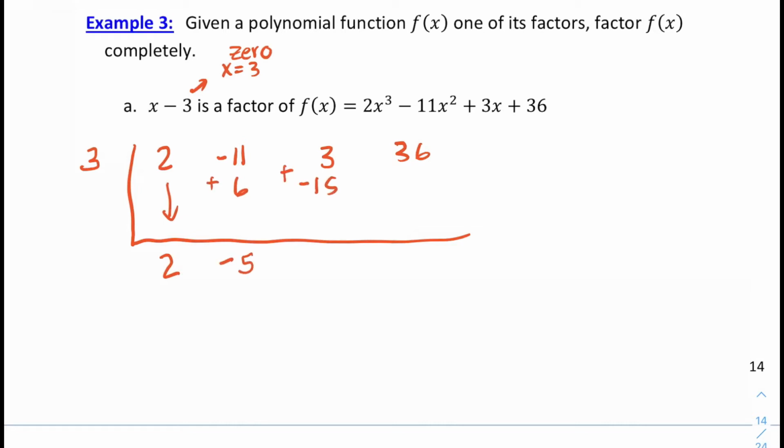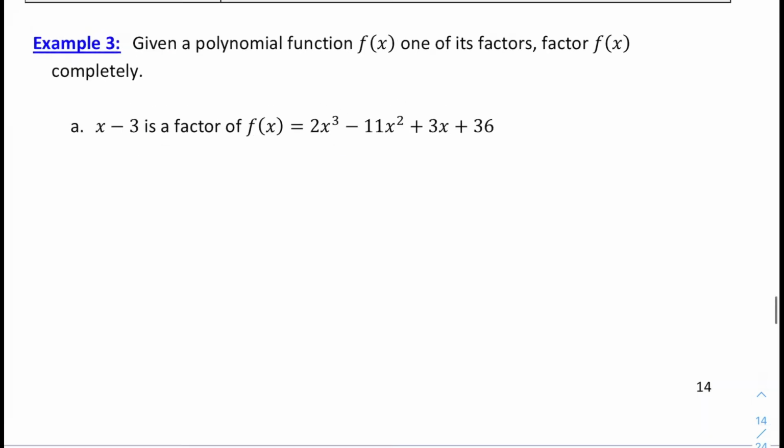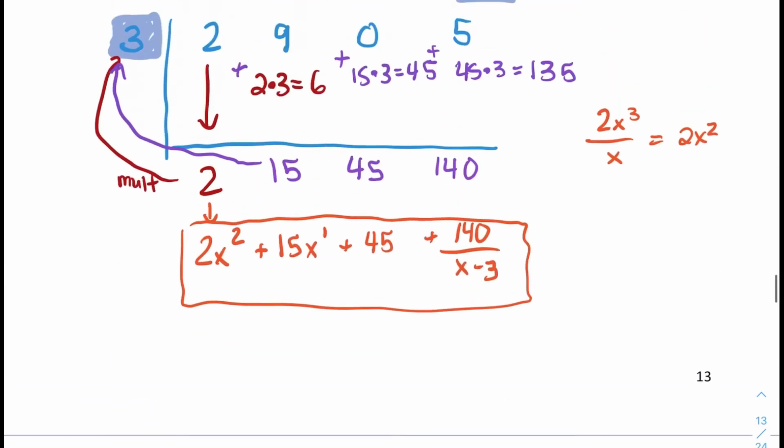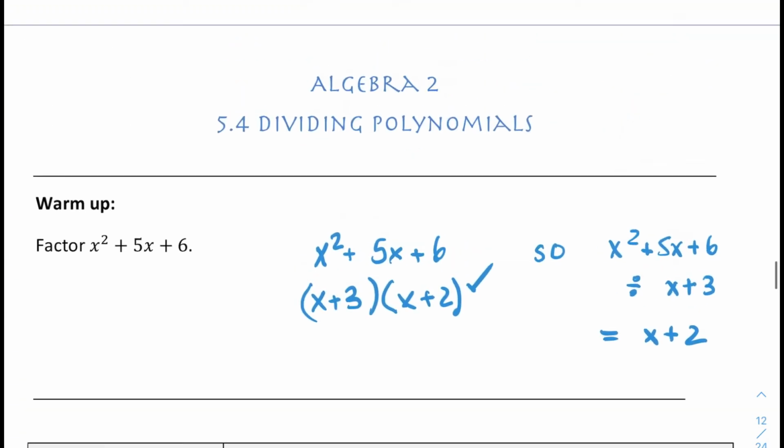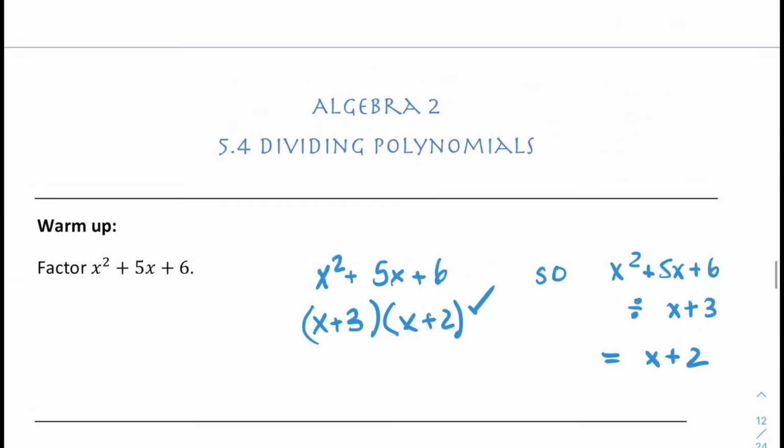And I'm going to use that to rewrite my original expression. So if you do your synthetic division here, just run through it real quick, you're going to end up with 2x squared minus 5x minus 12.